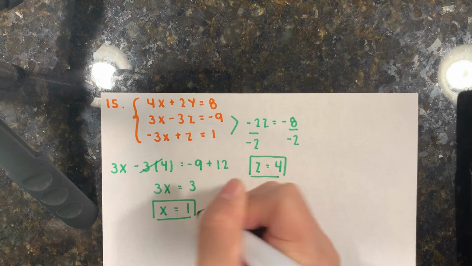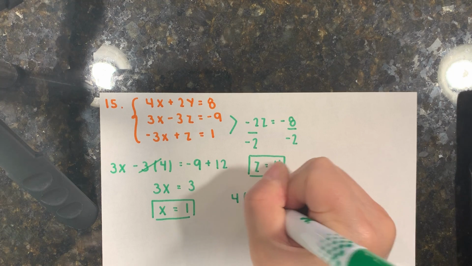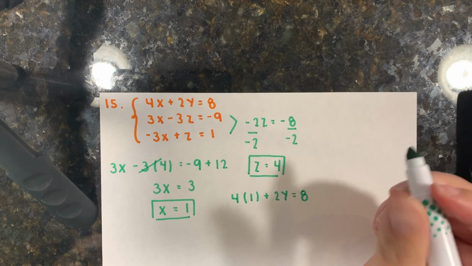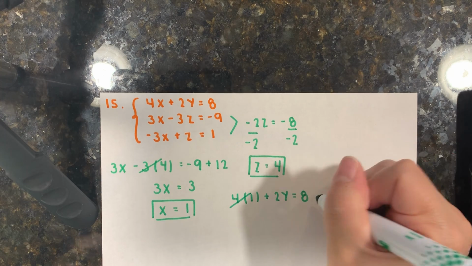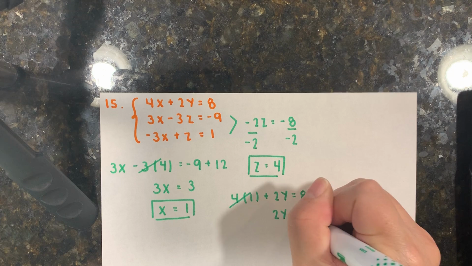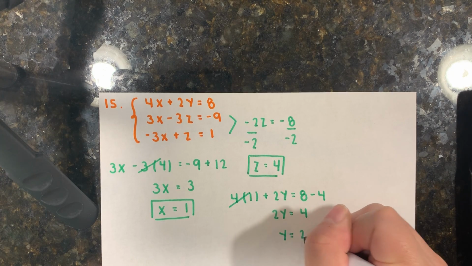And then to solve for y, I'm just going to plug it into the top equation. So 4 times 1 plus 2y equals 8. So this is positive 4, so when it comes to the right side, it becomes negative 4. So I get 2y equals 4, so therefore y is equal to 2.